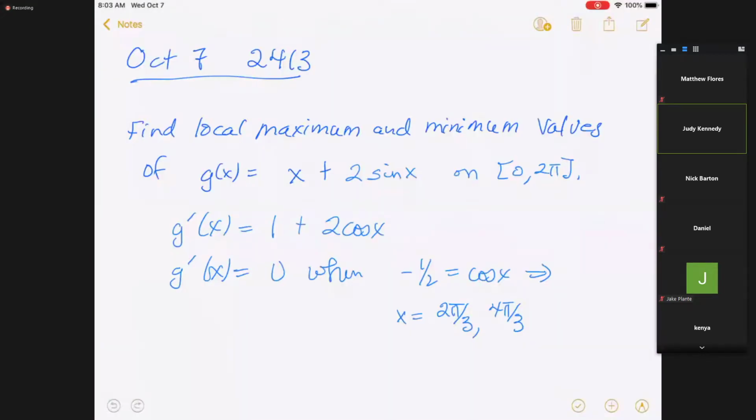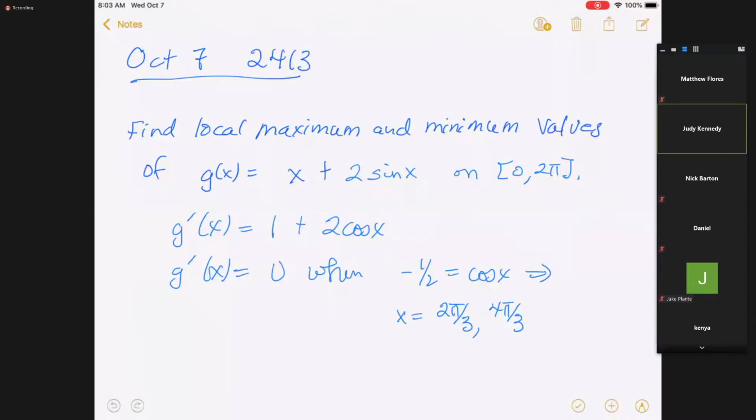We're finding the local maximum and minimum values of g of x equal to x plus 2 sine x on the closed interval from 0 to 2 pi. Okay, and we had gotten the critical numbers. To do that, you take g prime, which is 1 plus 2 cosine x.